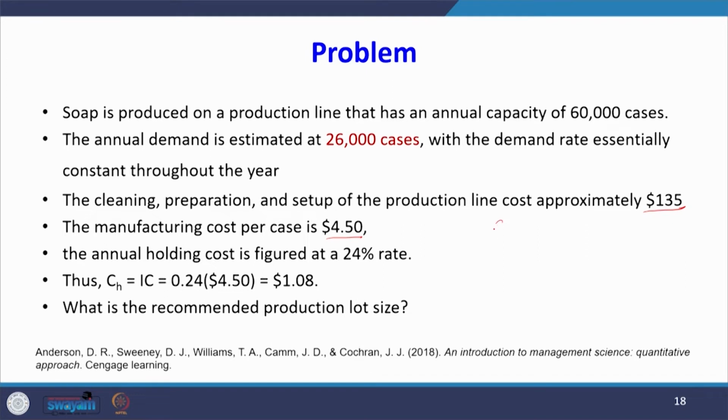Holding cost is interest rate multiplied by unit cost. So, $4.5 multiplied by 0.24. The annual holding cost is $1.08. Now, what is the recommended production lot size?